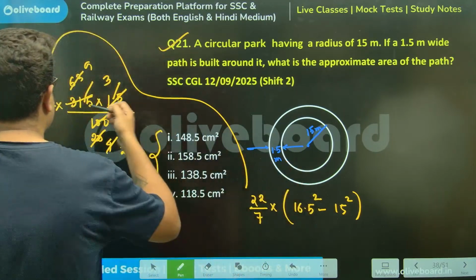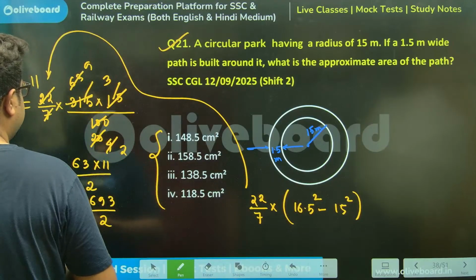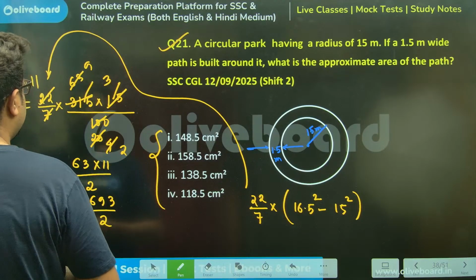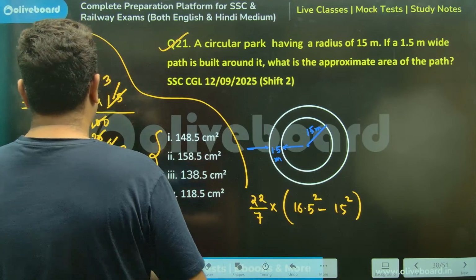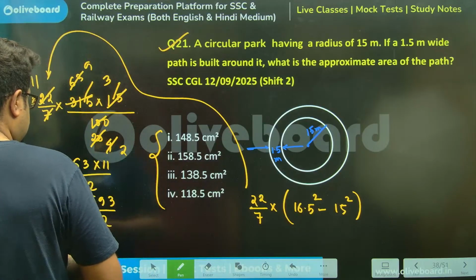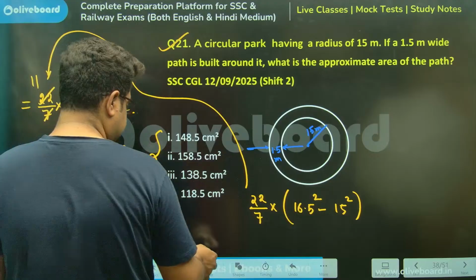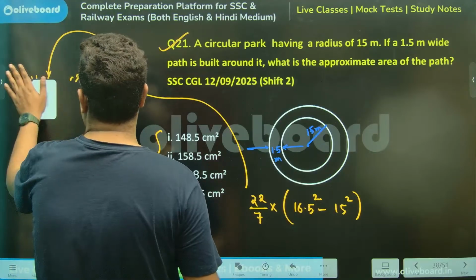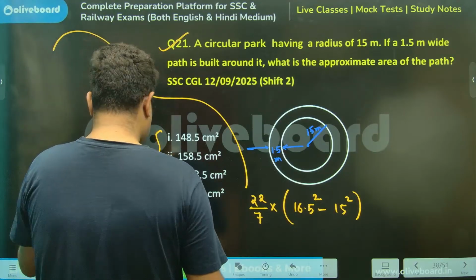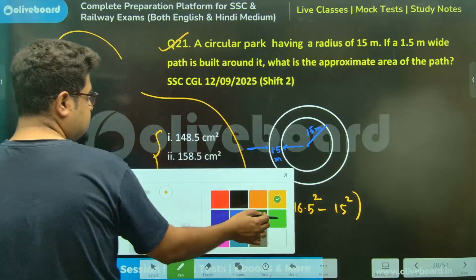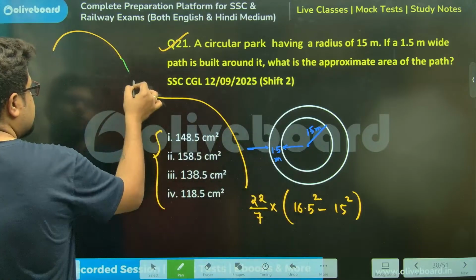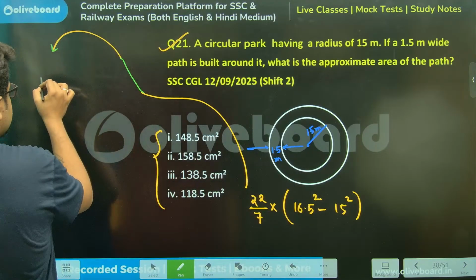16, 15, 31.5. And this is 1.5. 100. Wait, sir. I might have made some error. Let me do the calculation once more.